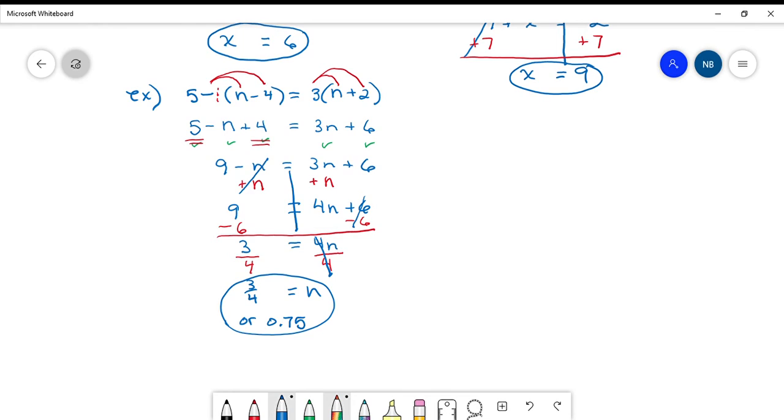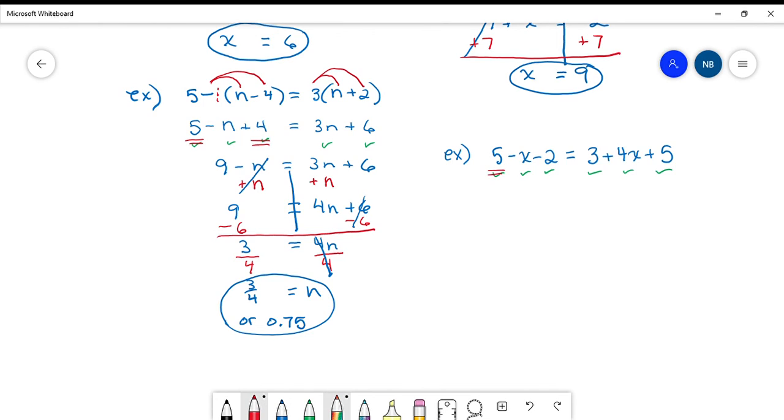And let's see, it looks like just one more example. We're going to solve 5 minus x minus 2 equals 3 plus 4x plus 5. I don't have any parentheses, but notice I have 3 terms on the left and 3 terms on the right. And at this stage in algebra, that usually indicates that you need to simplify.